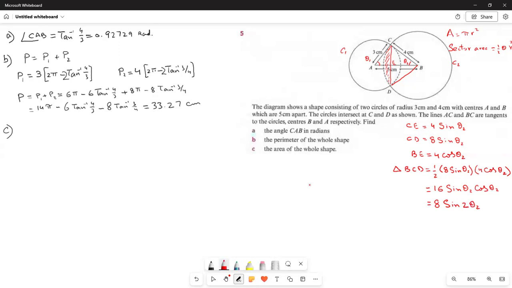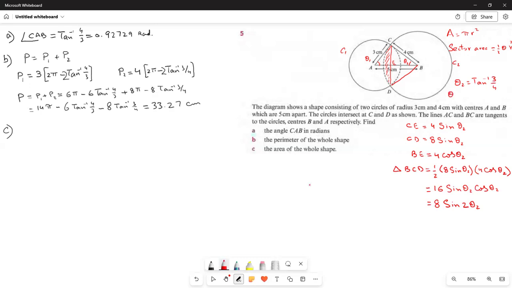Okay. And theta 2, what was theta 2? Remember? Theta 2 was equal to tangent inverse, sorry, for this one, sine, cosine, in 3 by 4.